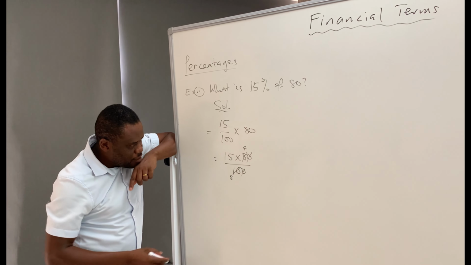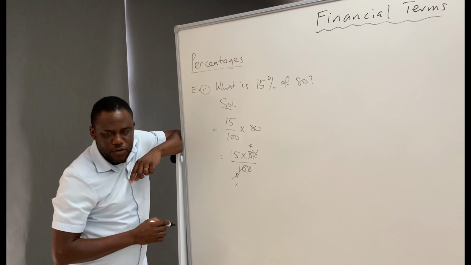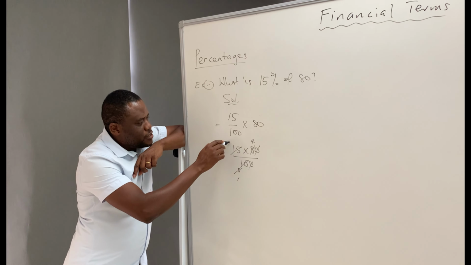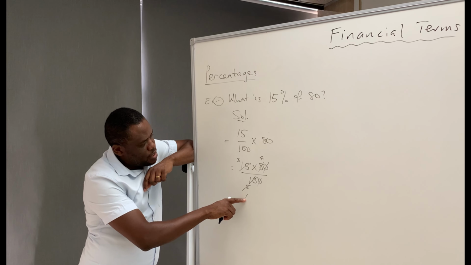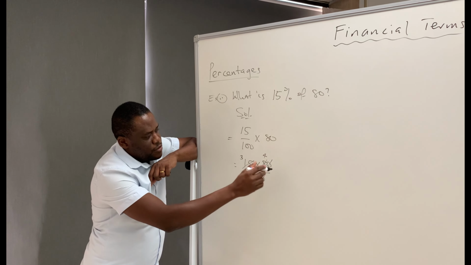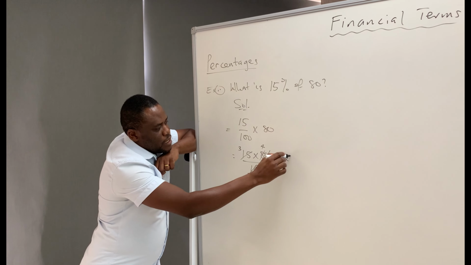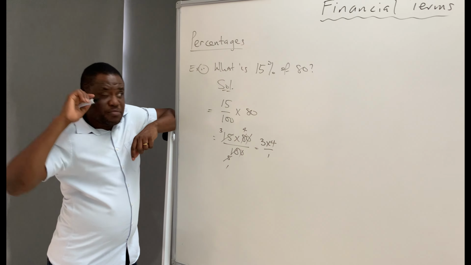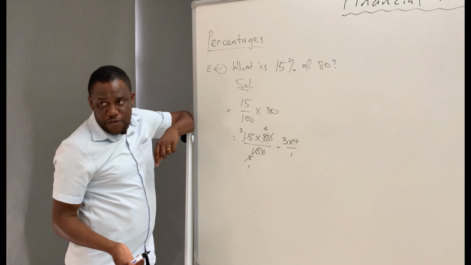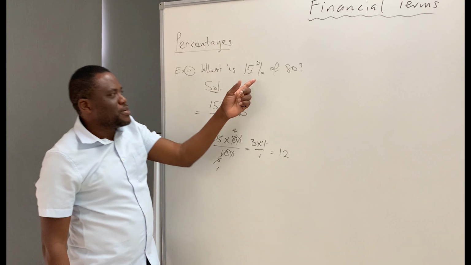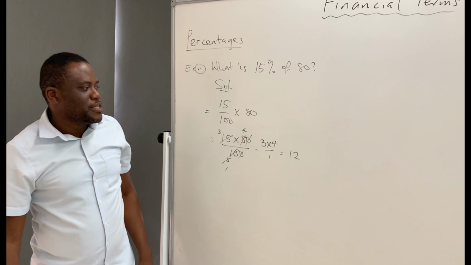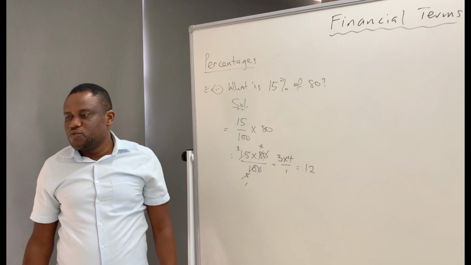Again, 5 can go there, 1. 5 can go there, 3. Remaining only 1 here, 3 here, 4 here. So this is 3 times 4 by 1. 3 times 4 is 12. 12 divided by 1 is 12. So which means 15% of 80 is 12.